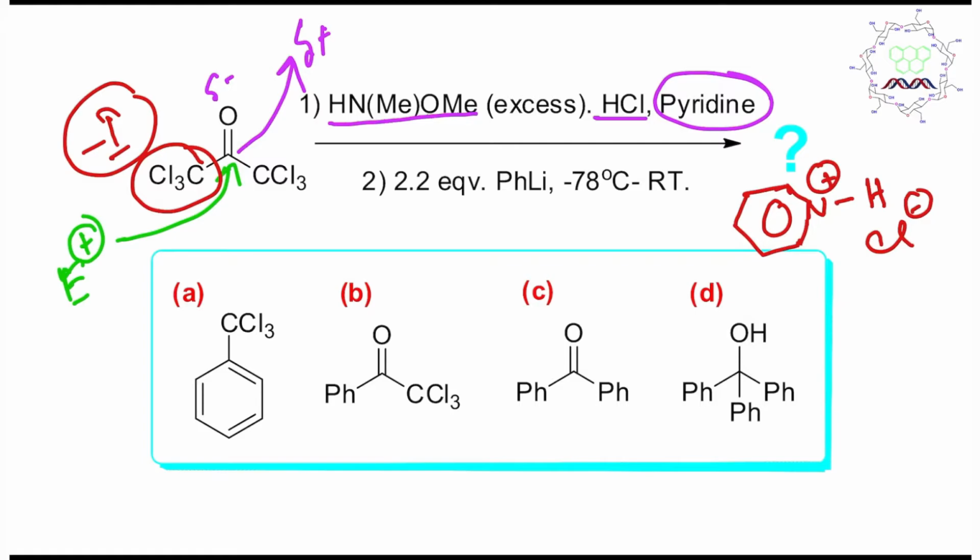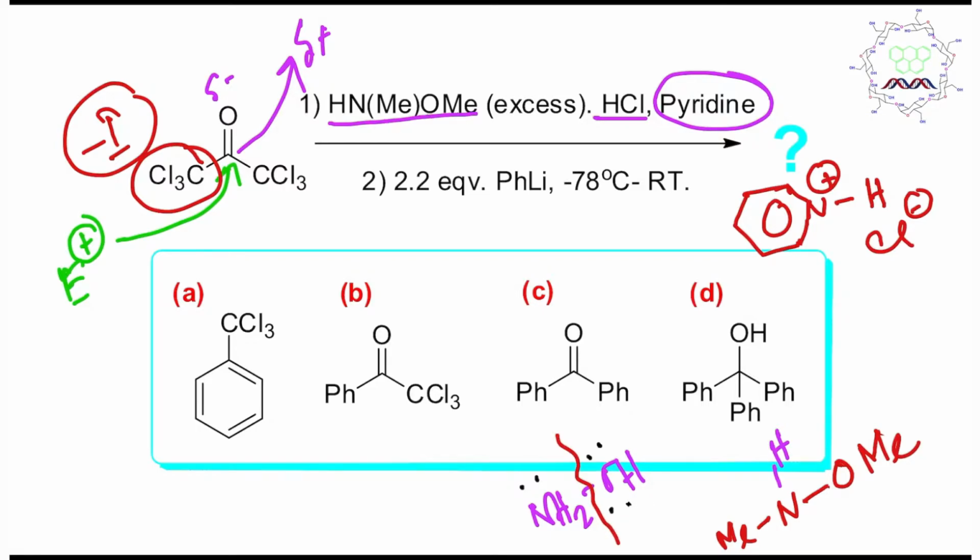But what is the reagent? This reagent is, students, actually this is OMe, this is NMe, and this is NH. So you can consider this reagent as an analogue of hydroxylamine, and this hydroxylamine is significantly nucleophilic as well as reactive because of the adjacent atoms' lone pair repulsion, and this is called the alpha effect.